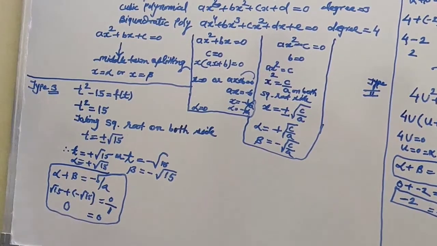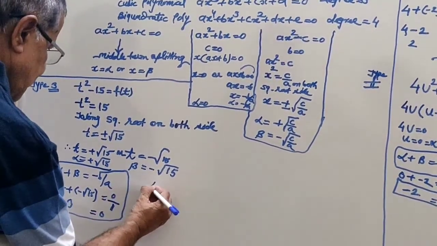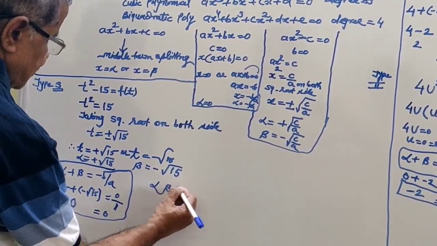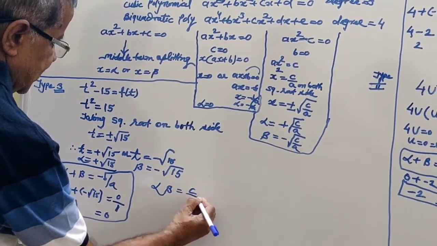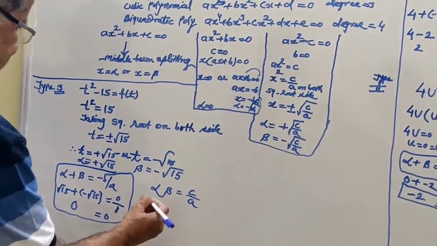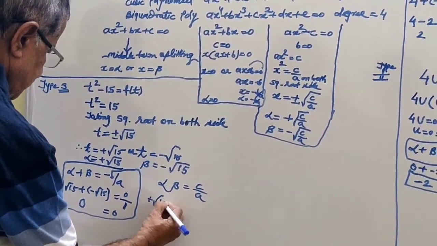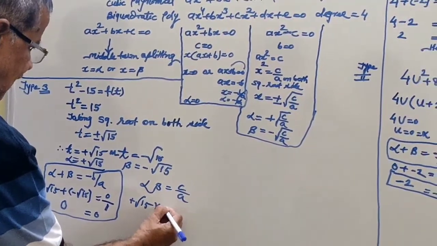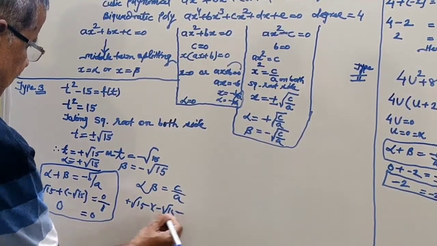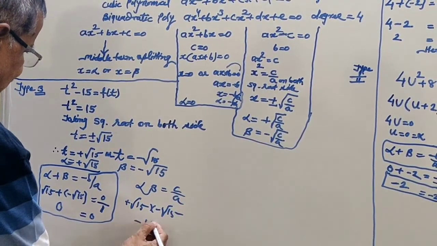Now I am going to another relation, that is alpha into beta is equal to c upon a. The value of alpha is plus root 15 into minus root 15. It will come to be minus 15.